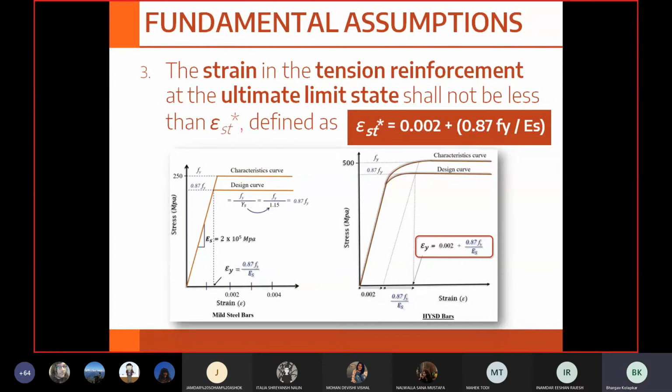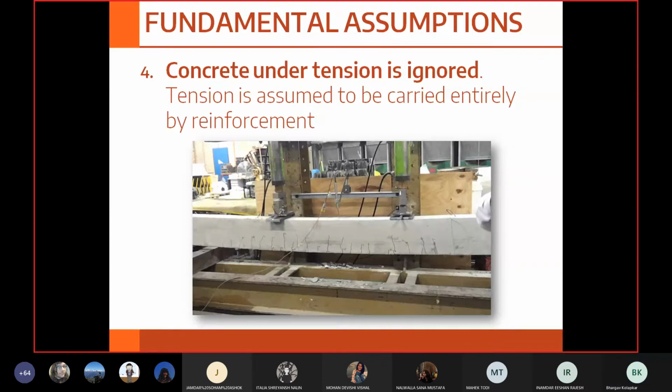Any more questions? Okay. Moving on. The next assumption is that concrete under tension is ignored. Tension is assumed to be carried entirely by reinforcement. What this assumption means is that for our design, we completely ignore the presence of concrete below the neutral axis.